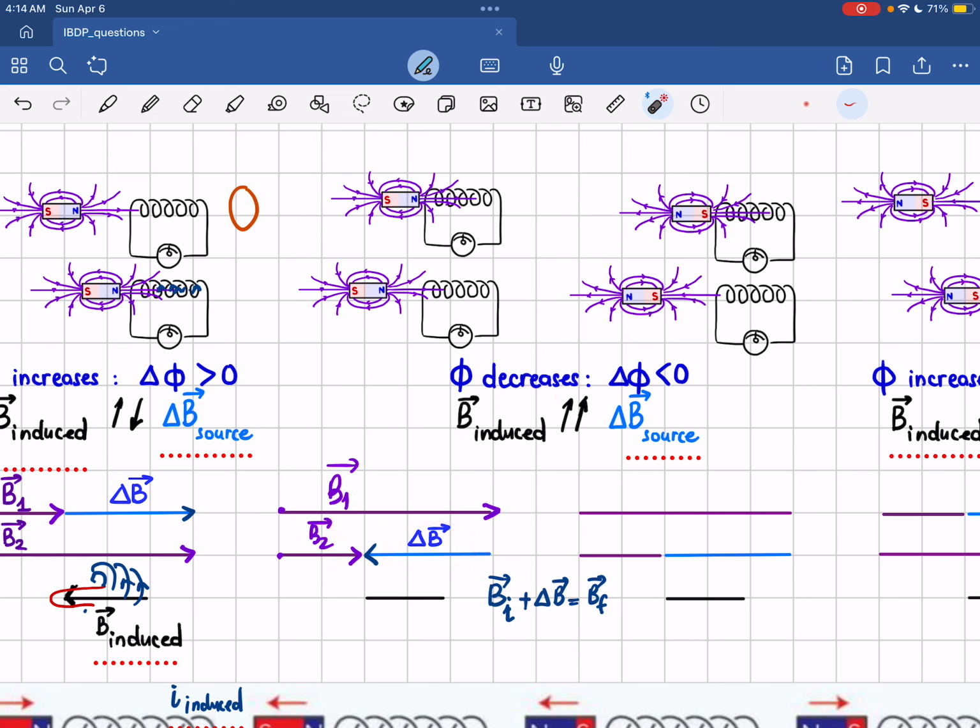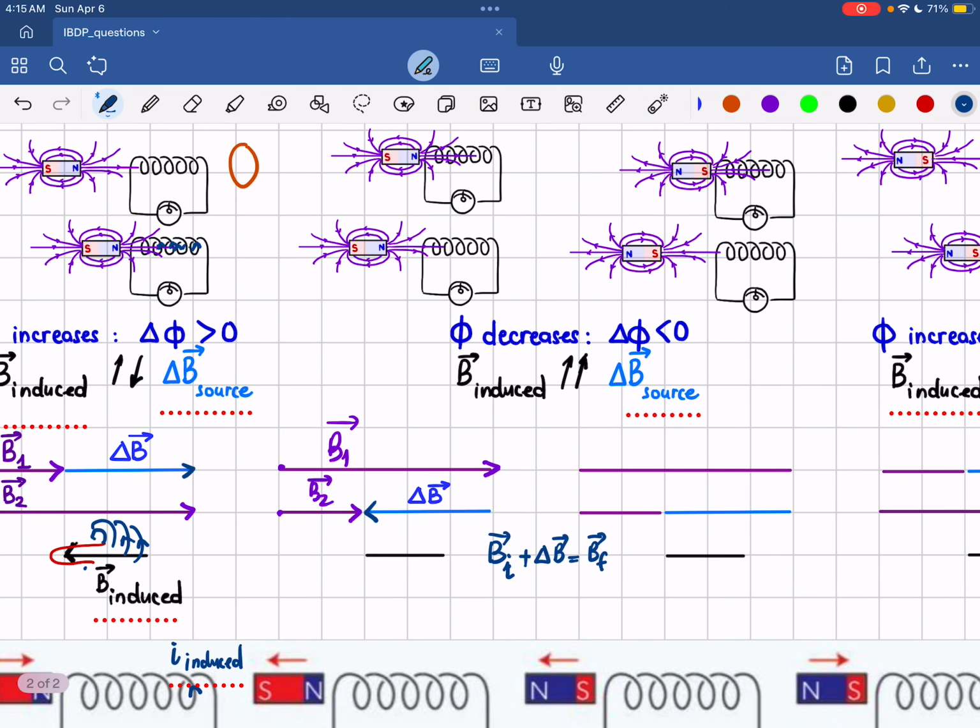So when it decreases, you can see that the induced field has to be against the change. So it will be what? In order to go against the change, it will try to support the magnetic field, you know. So in this case, you can see that the B induced will be opposite to the change.